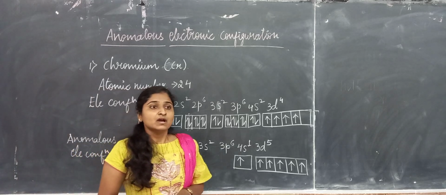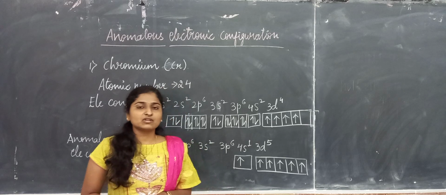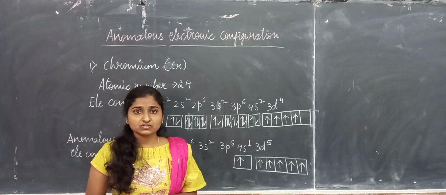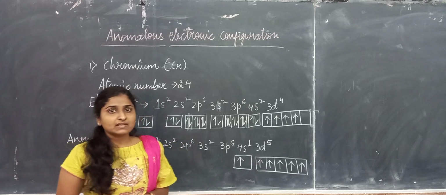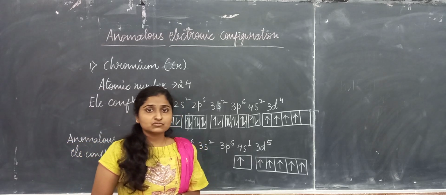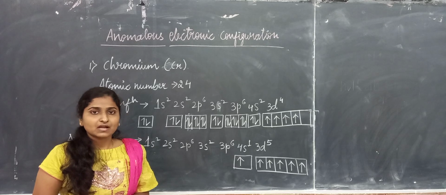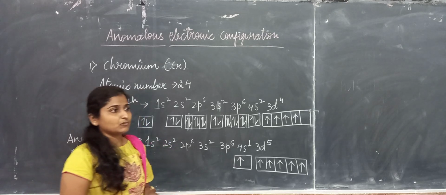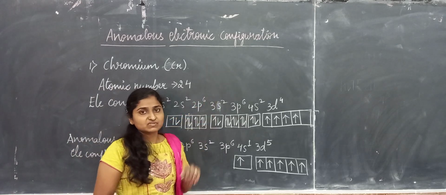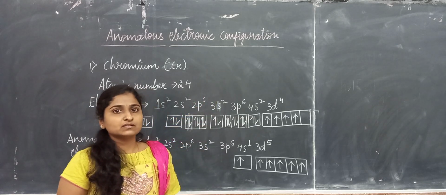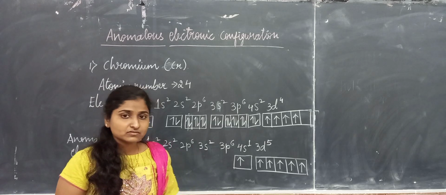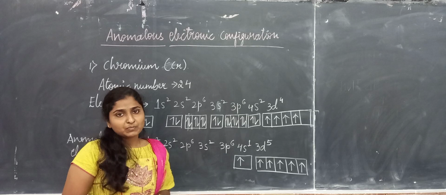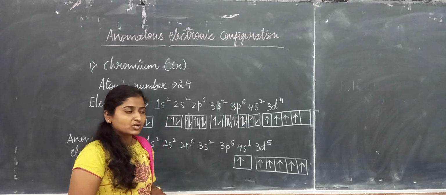The other is the unusual stability of completely filled or half-filled atomic orbitals. So the 2 reasons for the anomalous electronic configuration of atoms are either electron-electron interactions or the unusual stability of completely filled or half-filled atomic orbitals.